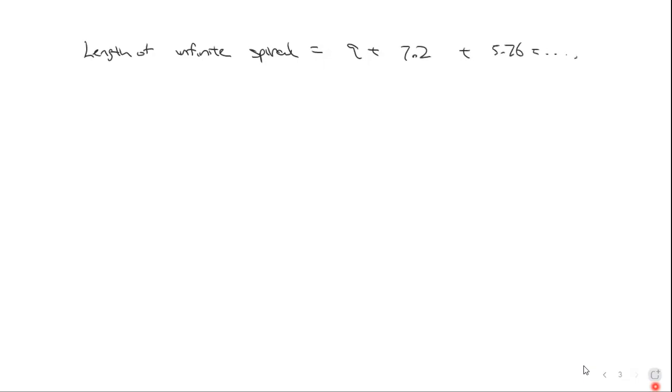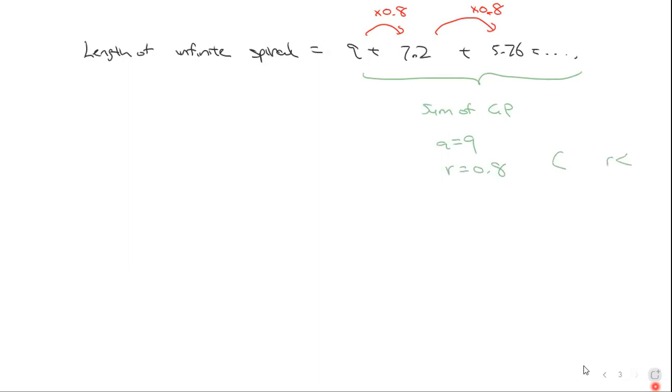We note that each time it's getting smaller and it's being multiplied by 0.8. That's the ratio. So that means this is a sum of a GP, where A is 9 and your R is 0.8, which is required because for an infinite sum, you need r to be between 1 and -1.